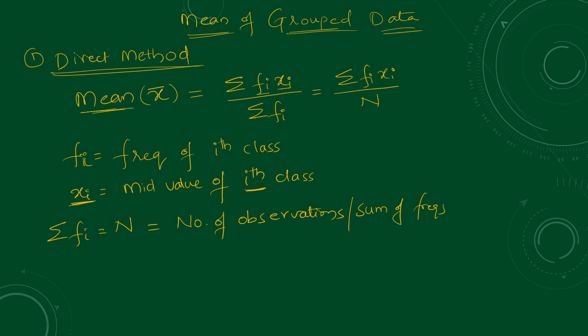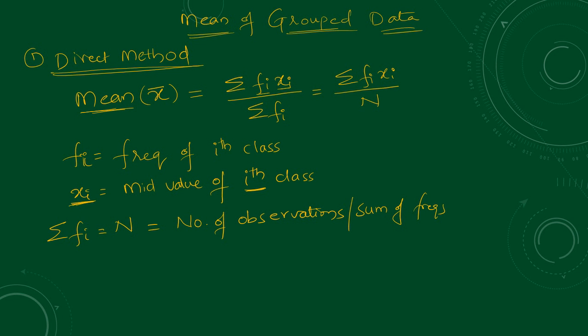Why are we considering the mid values for x i? Mid values are the representative of a class interval. Exactly at the middle of a class interval will be my mid value. That's why we consider the mid value as the representative of that particular data, right? Now, how to do this method?